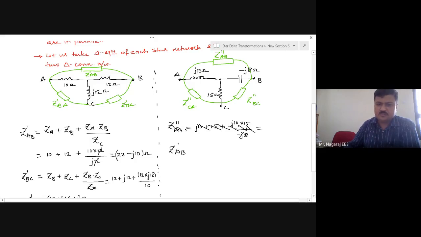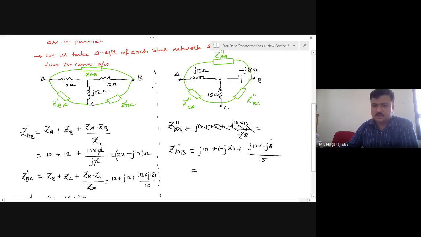What I had written as ZAB double dash is actually ZCA double dash. So ZA is J10. Sorry for that. Plus ZB, which is minus J8, plus J10 into minus J8 divided by 15.